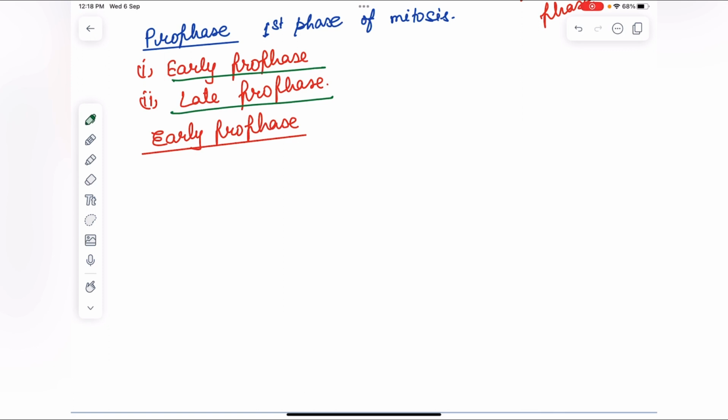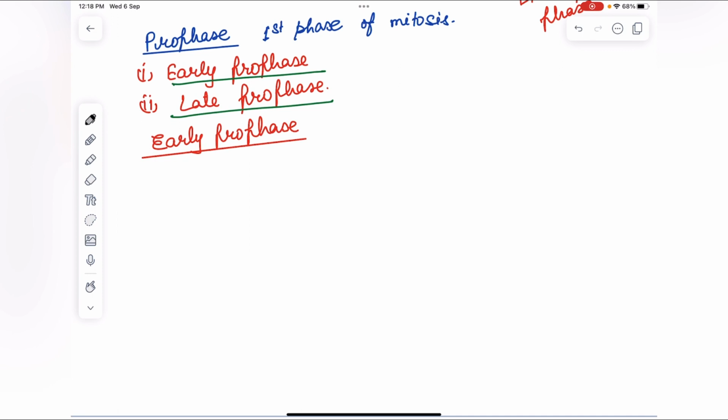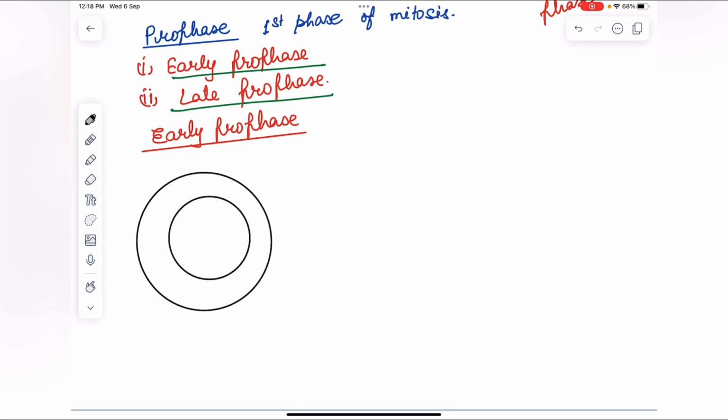So I am going to discuss early prophase. What happens in the cell? In the S phase of interphase, DNA replication takes place inside the nucleus.